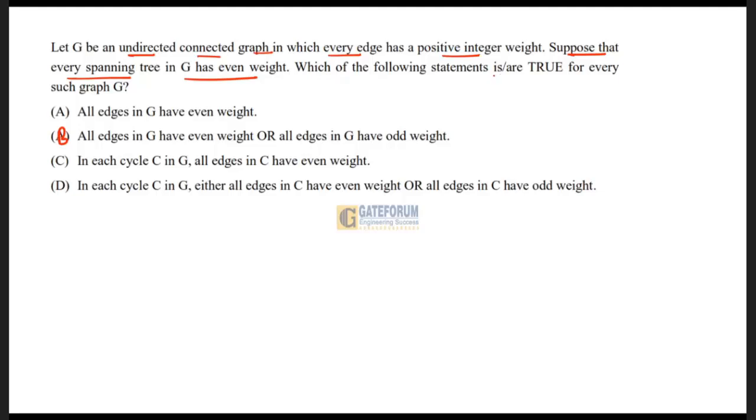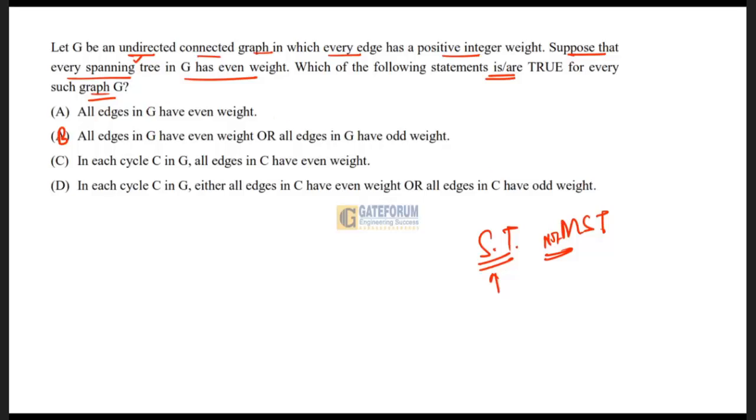Which of the following statements is or are true for every such graph G? One thing we should be very careful about is that it is about spanning tree, not minimum spanning tree. It is simply a spanning tree, not MST, right? So we only need to be careful about spanning tree concepts, right?